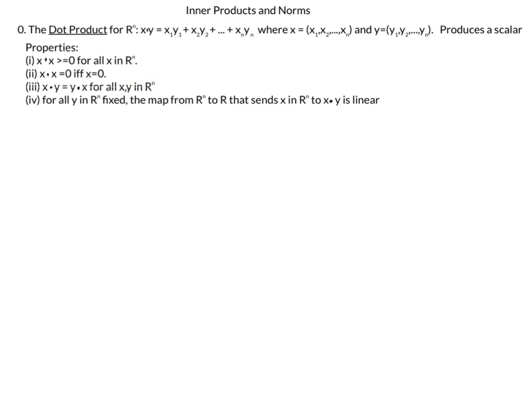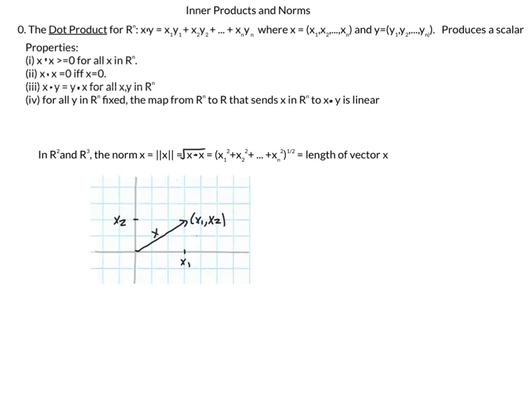And finally, if y is a fixed vector from Rn, then the mapping from Rn to R that sends x in Rn into x dot y is a linear mapping. In other words, the dot product is a linear mapping.